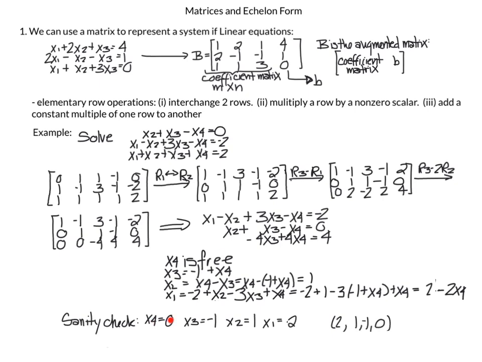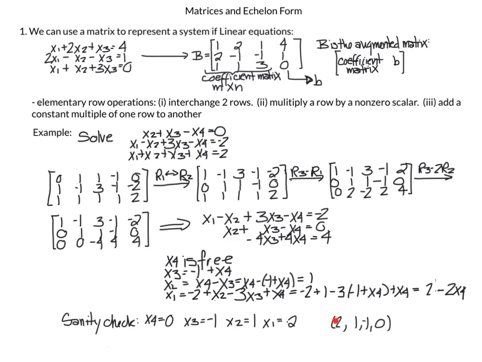So I have x4 equals 0, x3 equals minus 1, x2 is equal to 1, and x1 is equal to 2. And so when you plug these values into the three equations, you will see they solve the original equations. I have x2, which is 1, plus minus 1, which is 0, minus 0 is equal to 0.